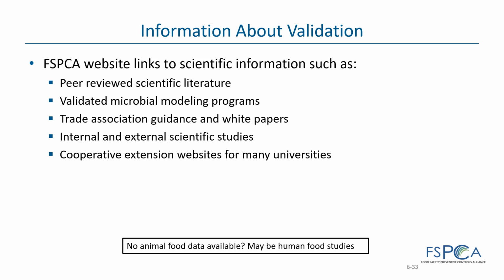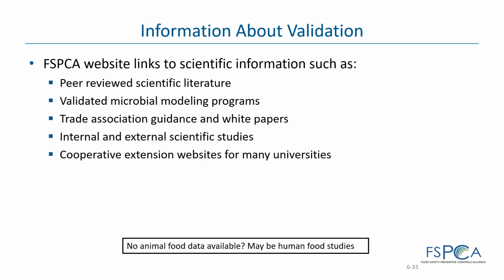If you can, peer-reviewed scientific literature is great. That is an excellent, valid, reliable source of information to use. And that's particularly important for biological hazards, and most of the scientific literature out there that we're talking about in this situation is going to be based on biological hazards.